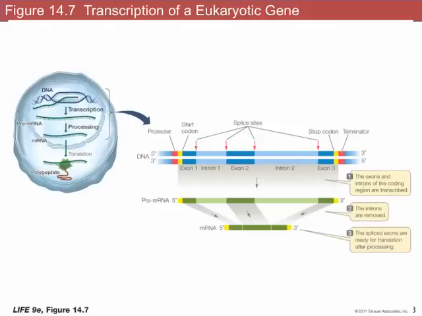So for example, eukaryotes, because of this decoupling that they have, are able to do a lot of processing of the RNA before it gets translated. And so I assume you are familiar with the presence of introns in the middle of genes in eukaryotes. A single region of the genome that codes for a protein frequently codes for a lot more material than is used to make the final protein product.